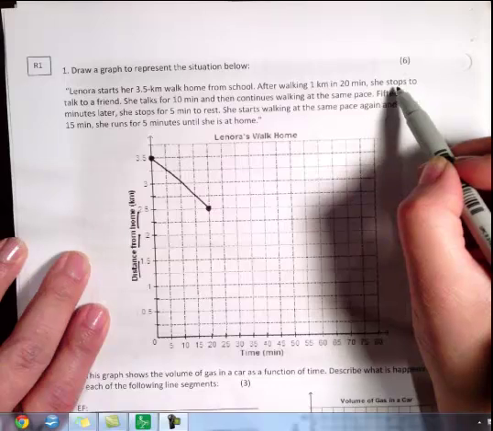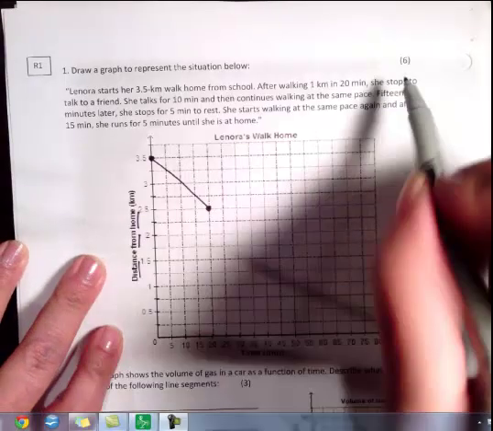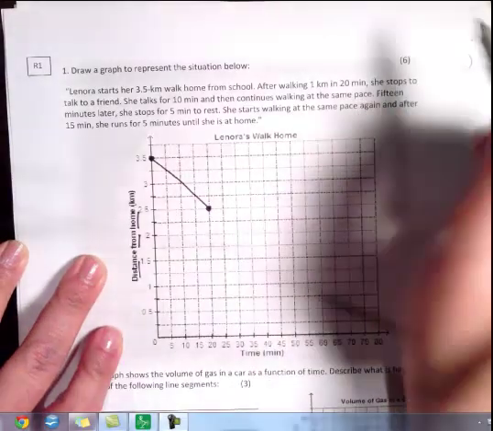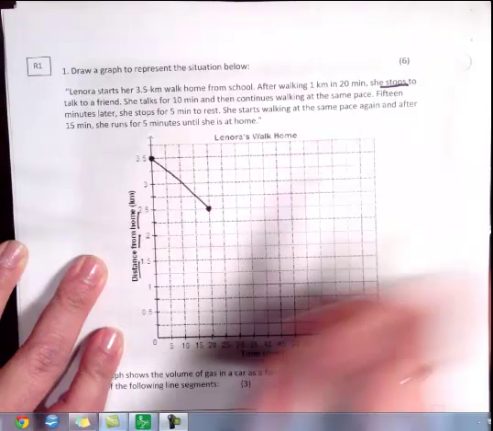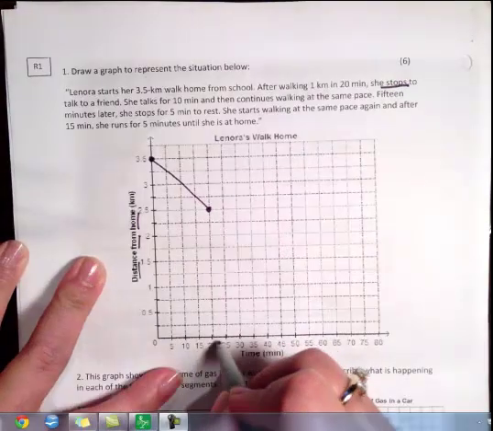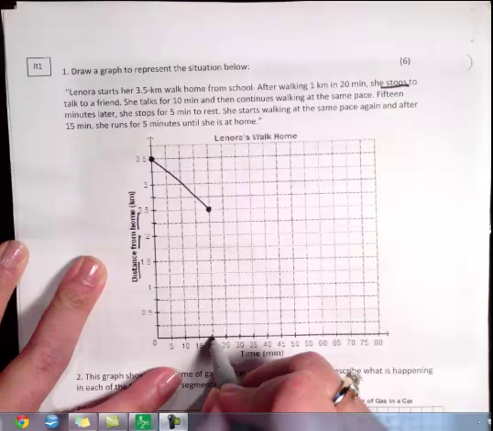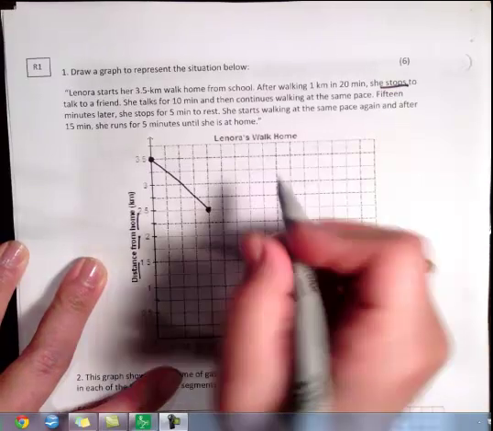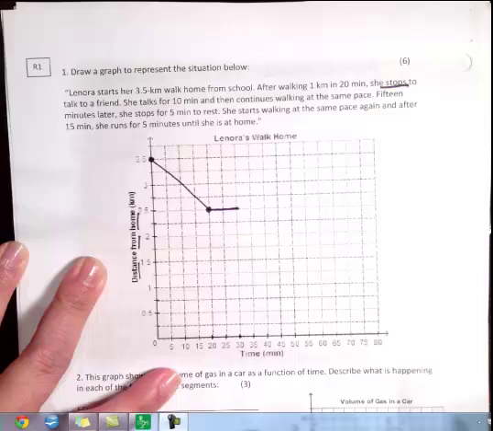She stops to talk to her friend, and she talks for 10 minutes. So she stopped and she's talking, she's not walking. That means from here to here, she doesn't move at all. Her position stays exactly the same.